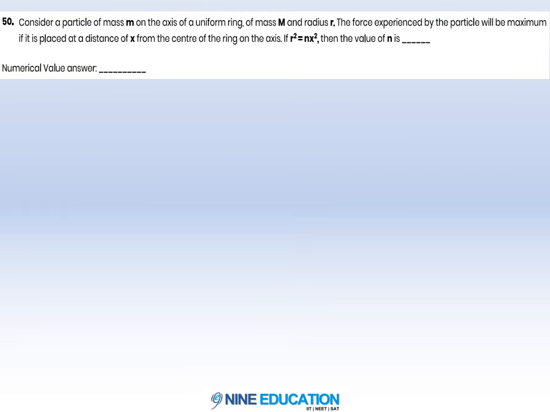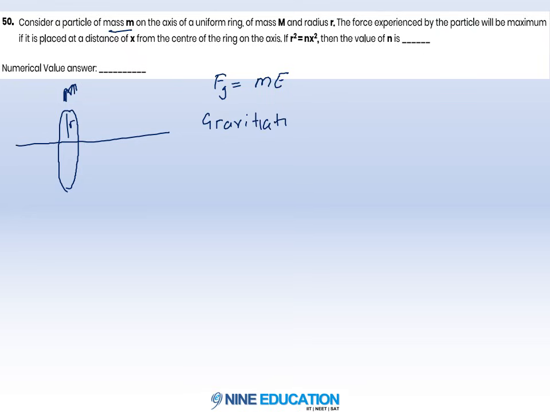In this question, what is given? A mass m is on the axis of a ring. So this is a ring of mass capital M. The force experienced by the particle, and we know the gravitational force on any particle is mass into gravitational field, m into E. If mass is distributed over the ring of radius R, we know the gravitational field is maximum at x equals R upon root 2.